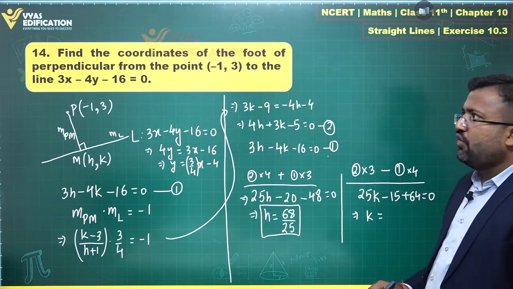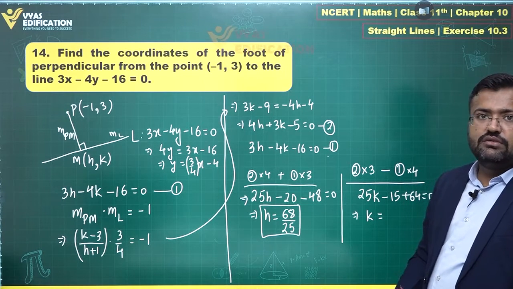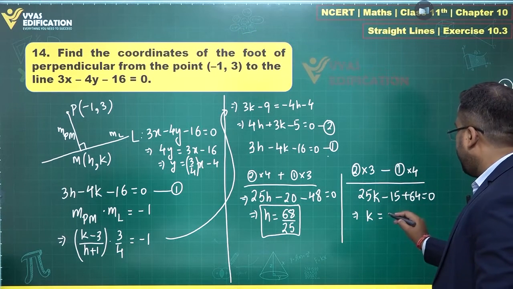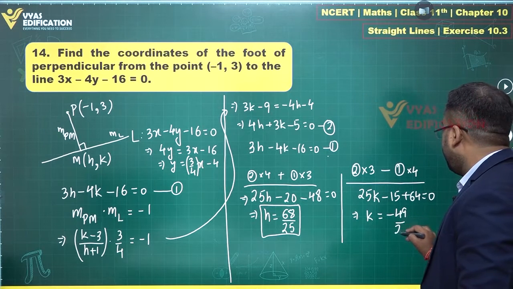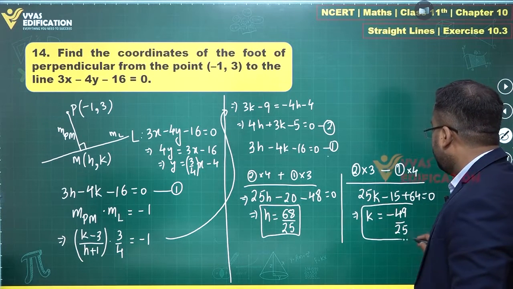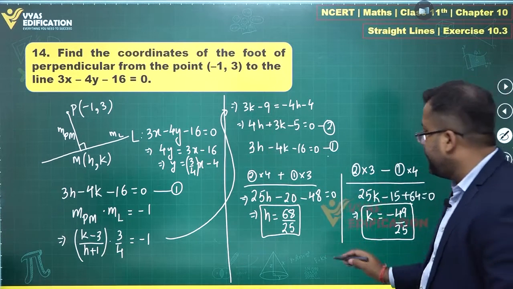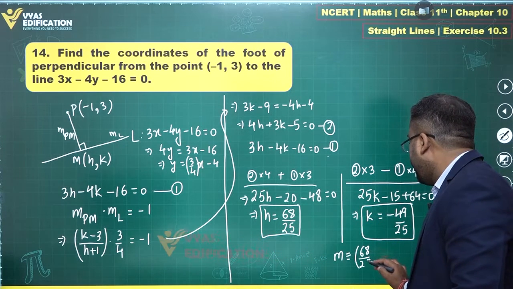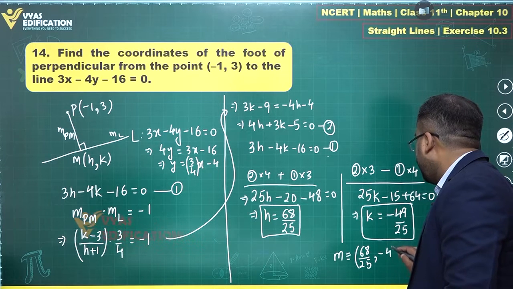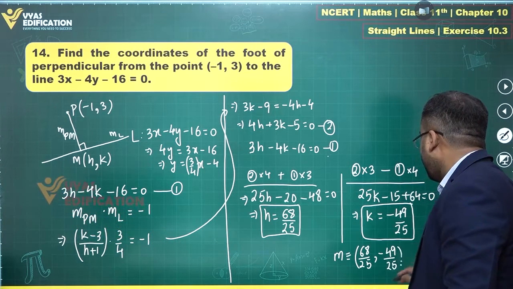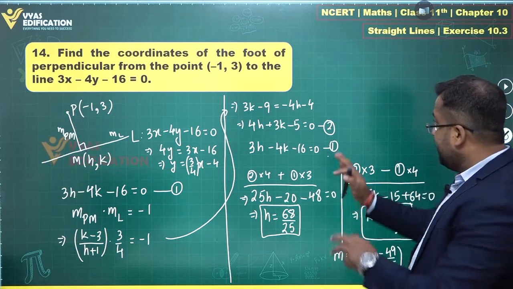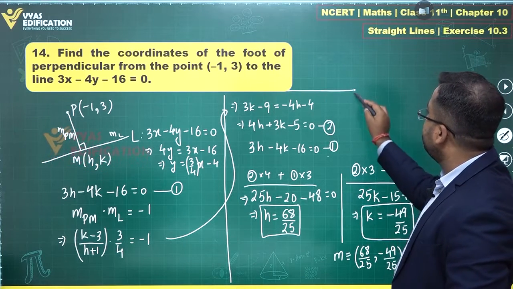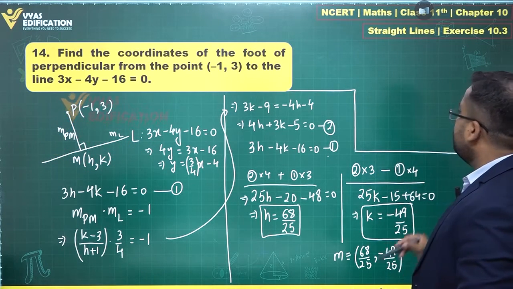This gives me k equals 64 minus 15, that will give me 49, and this becomes minus 49 upon 25. So the coordinates of M will be 68 upon 25 comma minus 49 over 25. That's what you have, right? This is using the direct approach, and we can also get the same result using another approach.